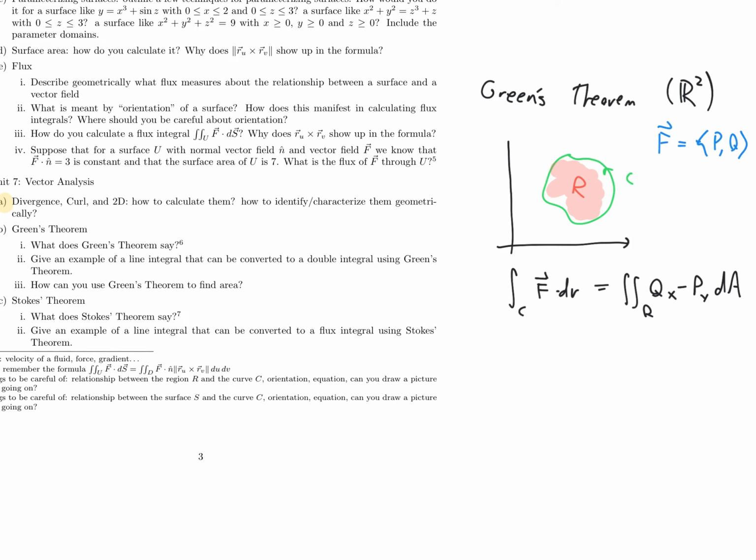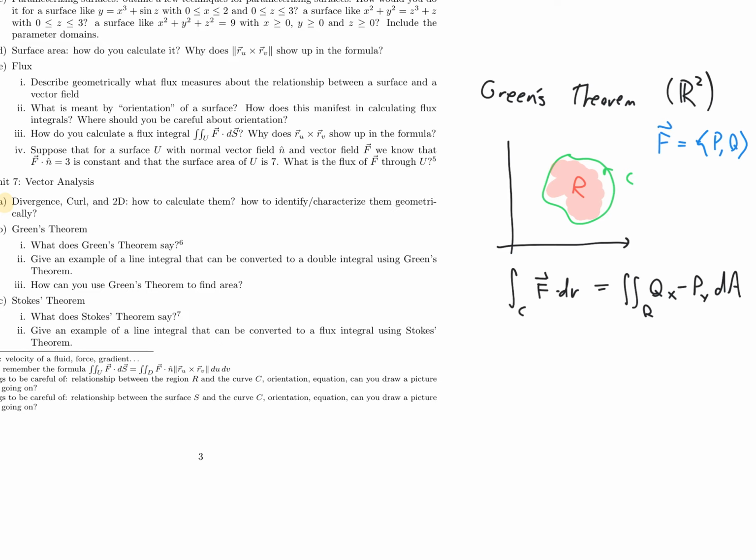You have to be careful though, because in order for Green's theorem to apply, you need a curve. The curve C has to surround a region, has to be the boundary of a region R. If it's not, Green's theorem wouldn't apply. Green's theorem only applies when the curve C is the boundary of the region R. But you might be able to use it to turn a difficult line integral into an easier double integral.